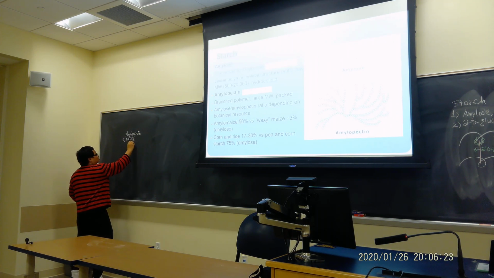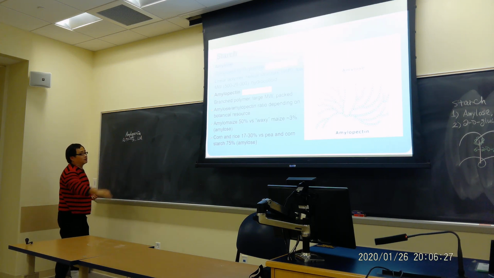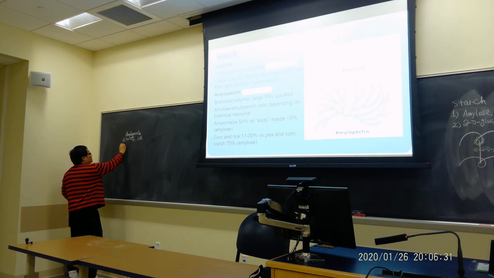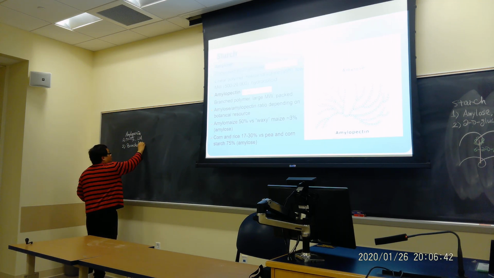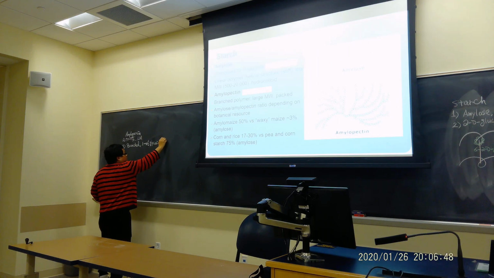This is actually a large molecule, a large molecular stuff, while amylose is a lower molecular stuff. Now, what does amylopectin look like? It is branched with 1 to 6 glycosidic bonds.